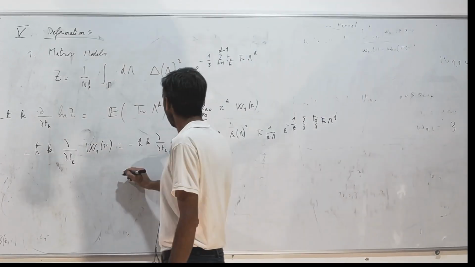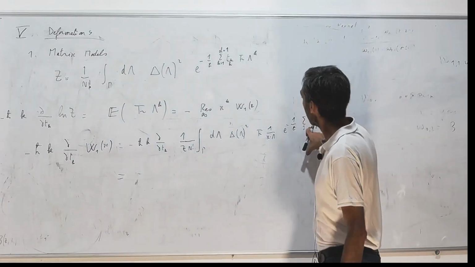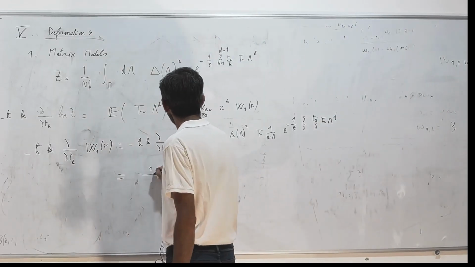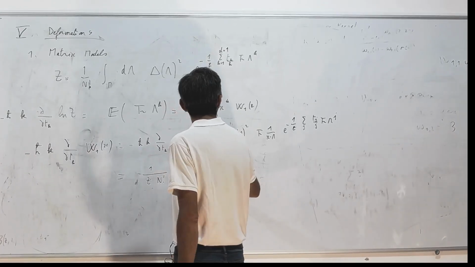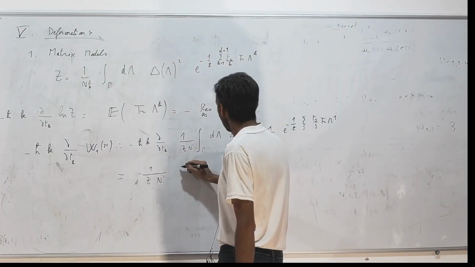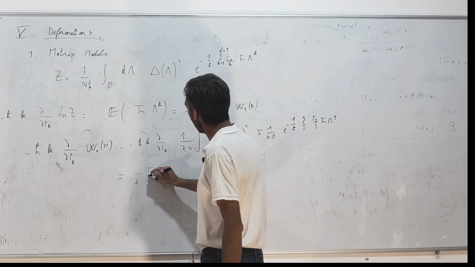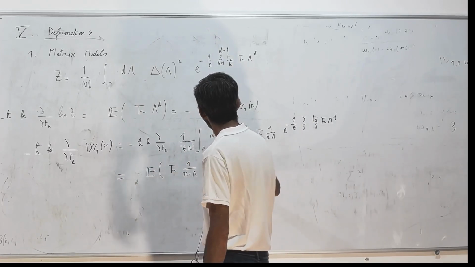So let's start with the term where I act here. I will get 1 over z times n factorial, and basically it's easy to see that you will get an expectation value of trace of 1 over x minus lambda times trace of lambda k.